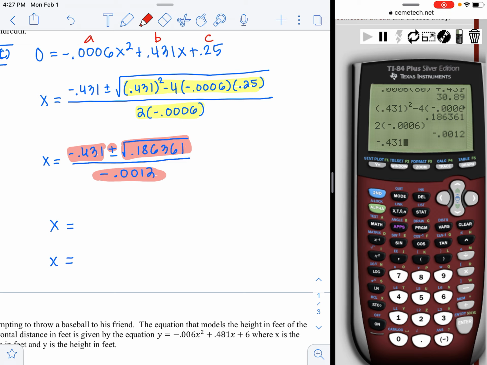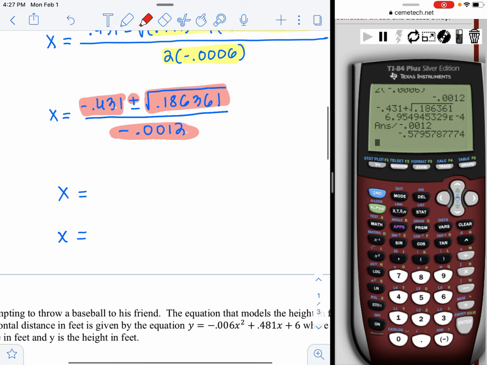Negative 0.431 plus square root of 0.186361. Enter. Okay, now you're not going to write that down. That's not your answer. I'm going to do divided by negative 0.0012. Notice I just leave it and I keep typing and it'll divide that last answer by it.